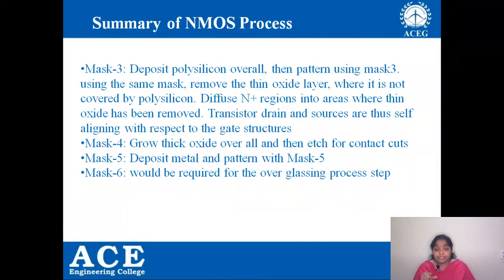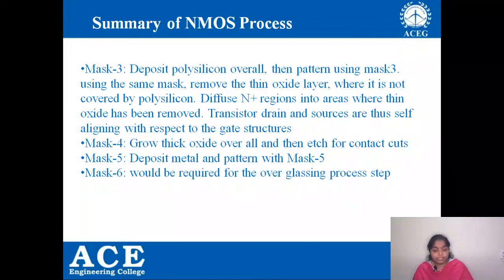So that mask is this mask 4. And coming to mask 5, you require to deposit metal over the silicon substrate. In order to deposit metal, you require this mask 5. And mask 6 would be overglassing, right?